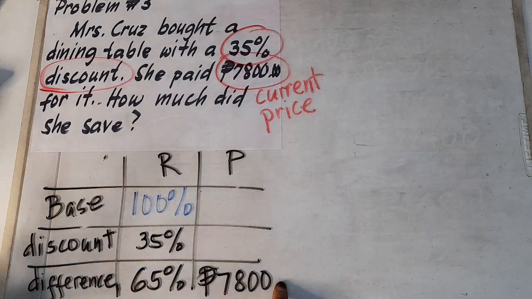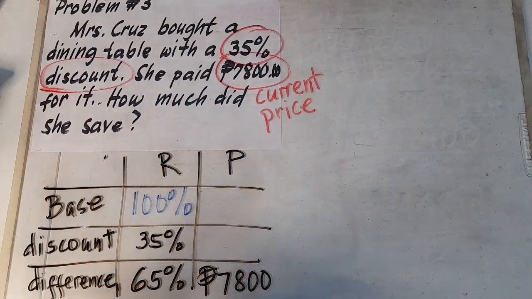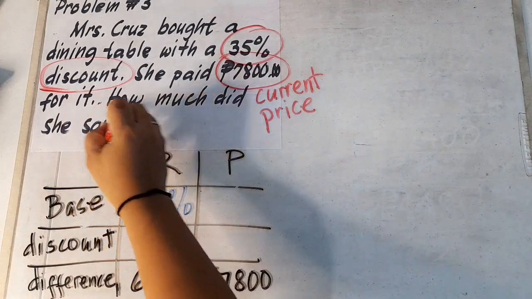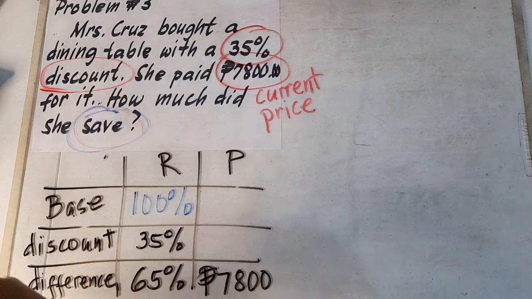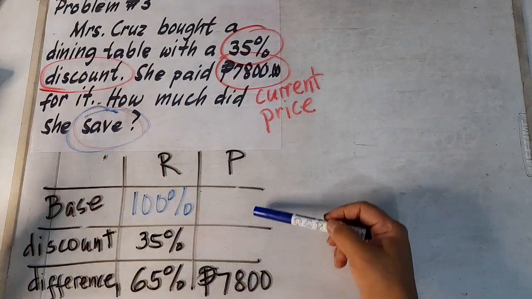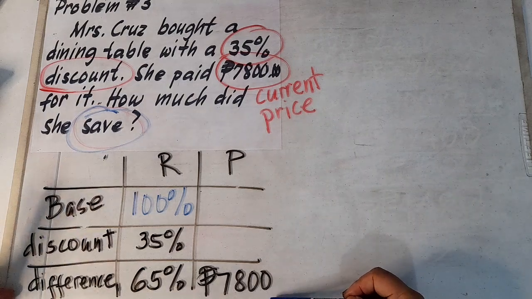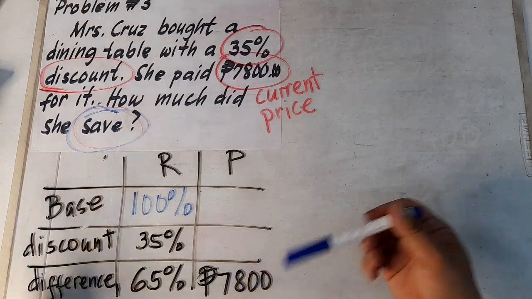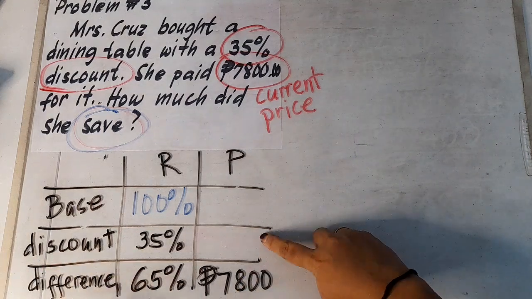Then, what else? Ano yung tinatanong? How much did she save? Okay? Anong ibig sabihin ng save dyan? Ang ibig sabihin, meron siyang natipid. Doon sa tatlong amount, sa original, sa discount, at saka sa difference or sa current price, alin dyan ang nasave niya? Siyempre, ang nasave niya dyan, yung discount. Bakit?